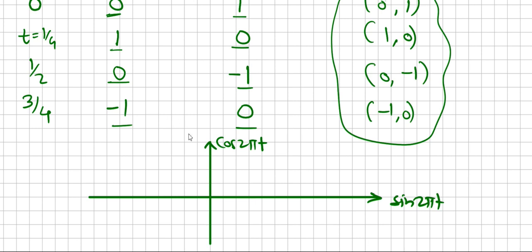So the first coordinates are 0, 1. 0, 1 is located here. Then the second coordinates are 1, 0, located here. Then the third coordinates are 0, -1, located here. And the fourth coordinate is -1, 0, located here.